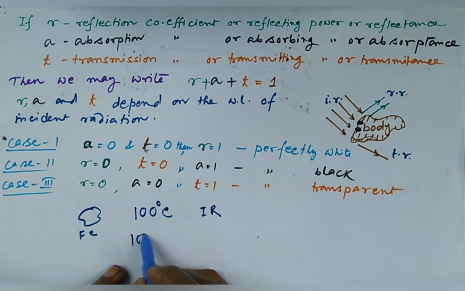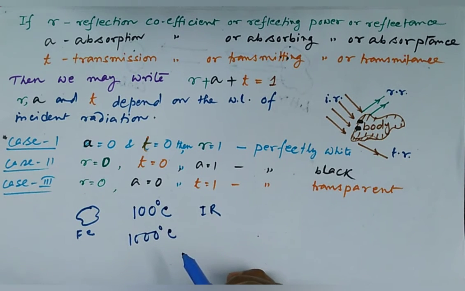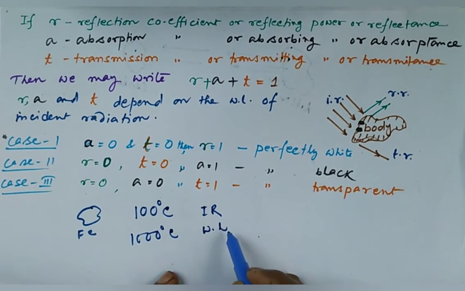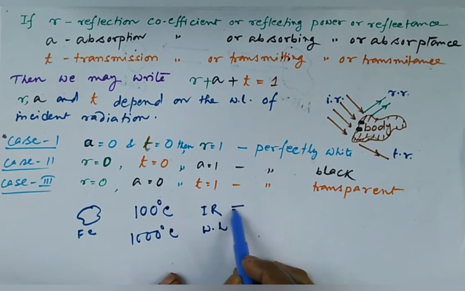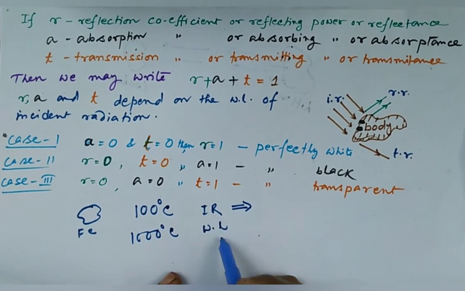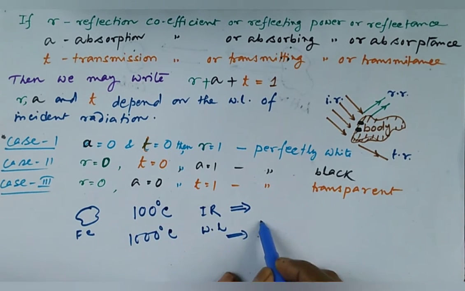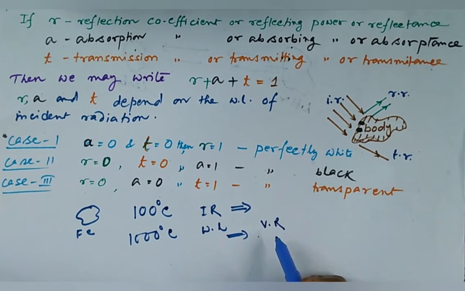and when the temperature is raised to a few thousand degrees Celsius, it begins to glow with a reddish color and emits electromagnetic radiation whose wavelength is shorter than the previous case, and this wavelength lies in the visible region.